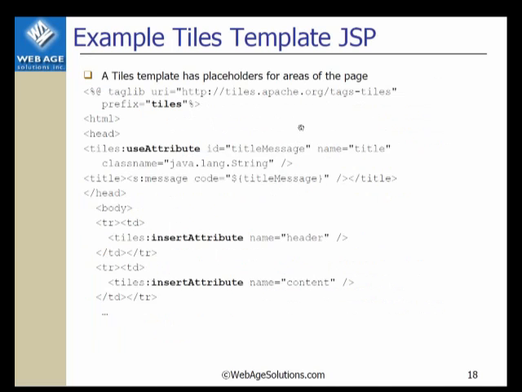Right. So as far as the code of, let's say, a JSP page, this is actually a template JSP for Tiles. And the big thing here is, notice we have basically Tiles custom JSP tags that are going to access things like attributes, right? And we're going to look for sections called like header, content, etc. And the names of these are important because in a second when we take a look at the definition of the pages, these names are going to be used in that definition file.